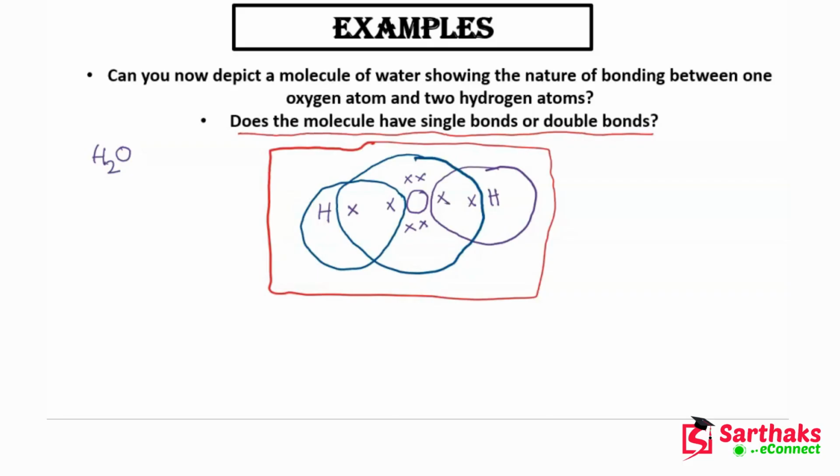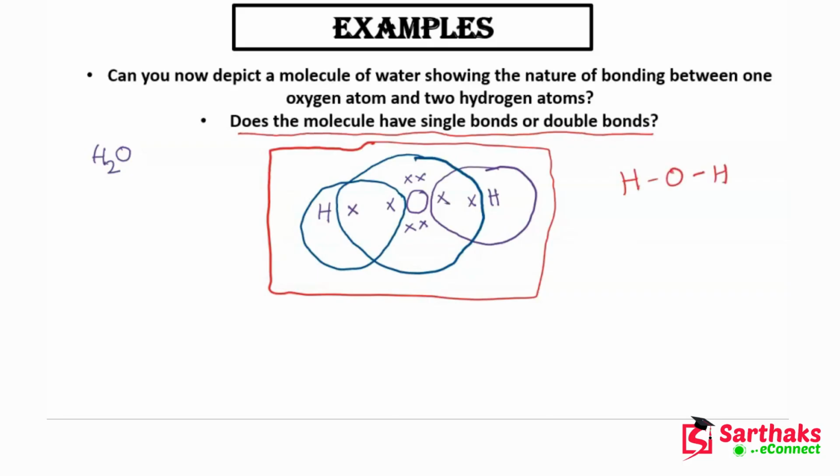Here you can see that this hydrogen and this oxygen share 1 pair of electrons, and this hydrogen and this oxygen also share 1 pair of electrons. So I can draw this like this.